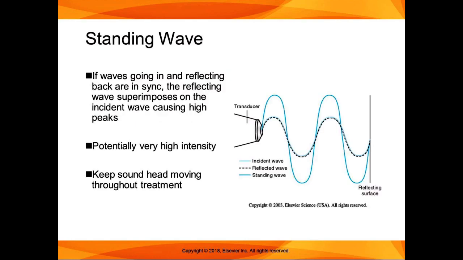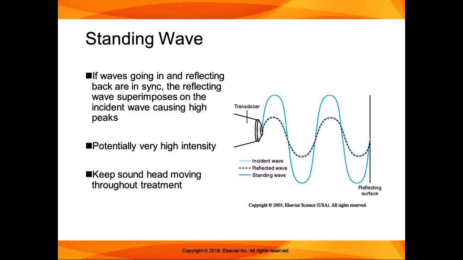So a standing wave, if you were to hold the ultrasound head in one place, you could get into a situation where waves going in and reflecting back start to sync up. The reflecting wave superimposes on the incident wave and it causes higher peaks of intensity. So you potentially have very high intensity.